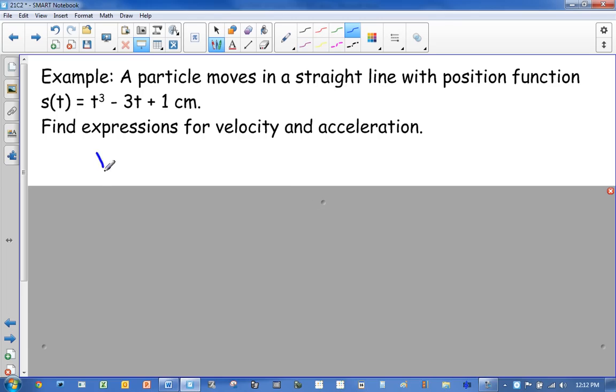Velocity is going to be the first derivative of position, and that will be 3t squared minus 3. The derivative of that 1 is nothing. And then to find acceleration, I'll take the derivative of the velocity function that I just wrote down, and that will be 6t.